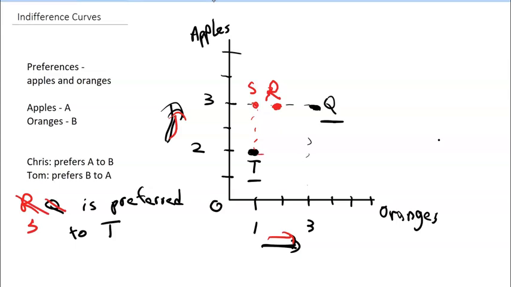So I can create another line here, and I can definitely see that any points in this quadrant are going to be preferred to point T. Now let's look at another side.